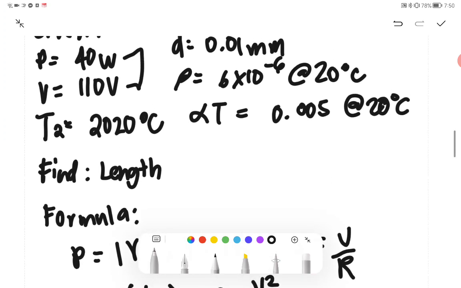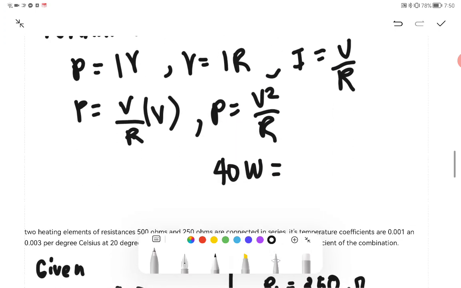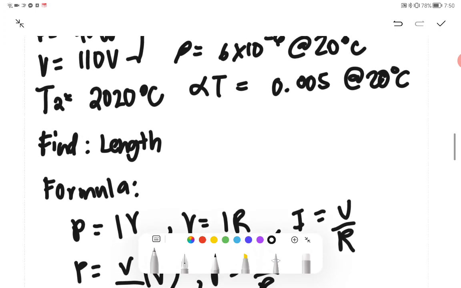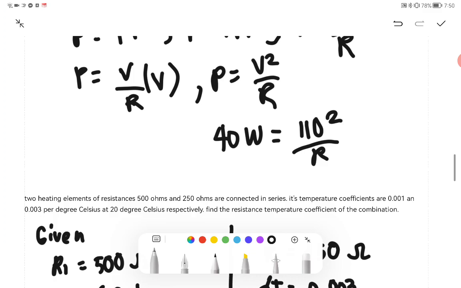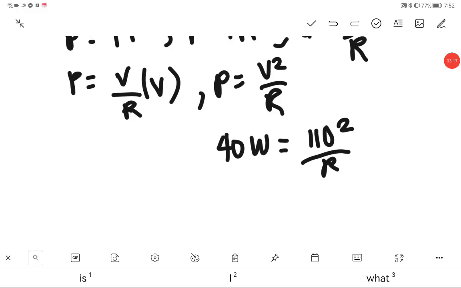So we have the power of 40 watts is equals to 110 volts, 110 squared all over R, which is the missing part. And then, using calculator, we have 40 is equals to 110 squared all over X. Shift solve.